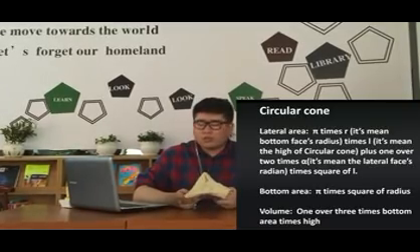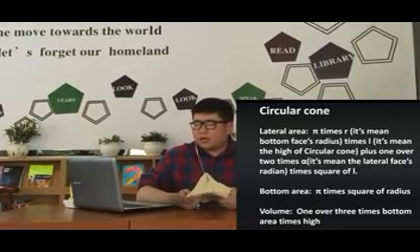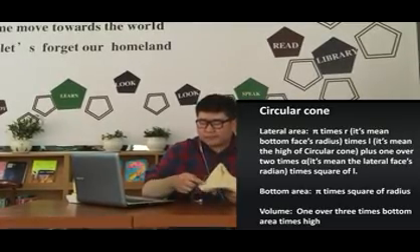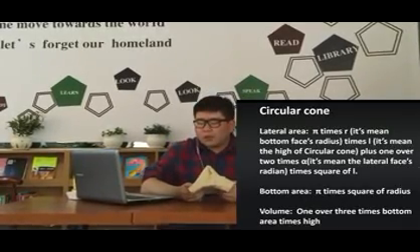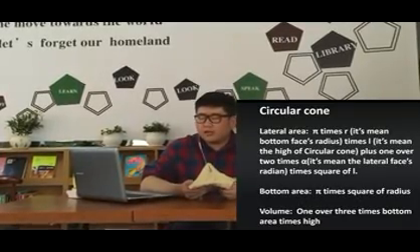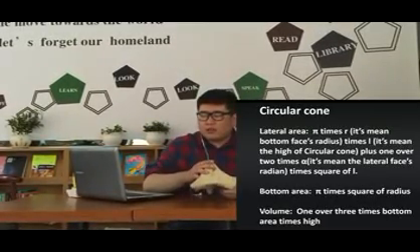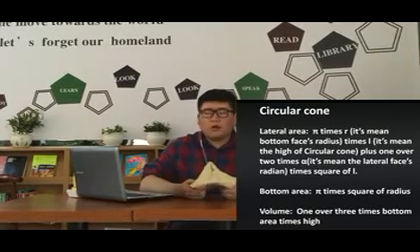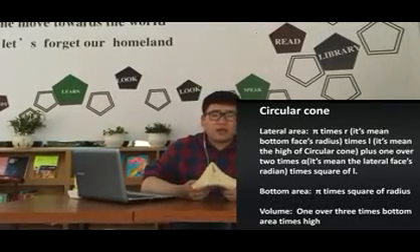And plus 1 over 2 times alpha. Alpha means the lateral face radian times the square of L, and its bottom area formula is pi times the square of the radius, and the circular cone's volume formula is 1 over 3 times bottom area times height.